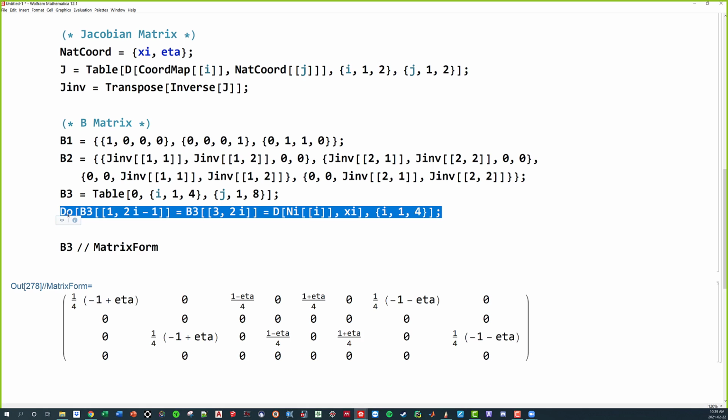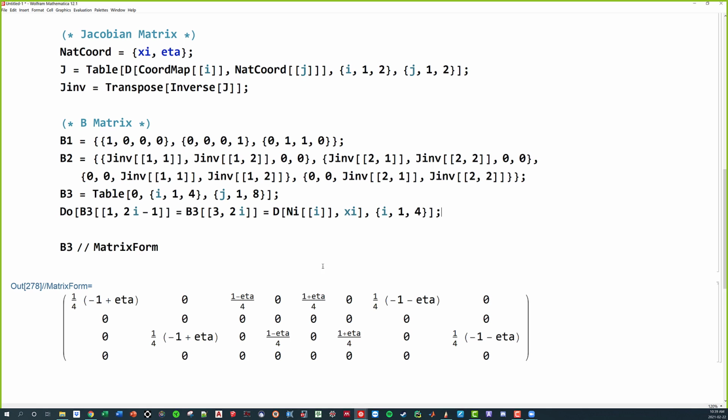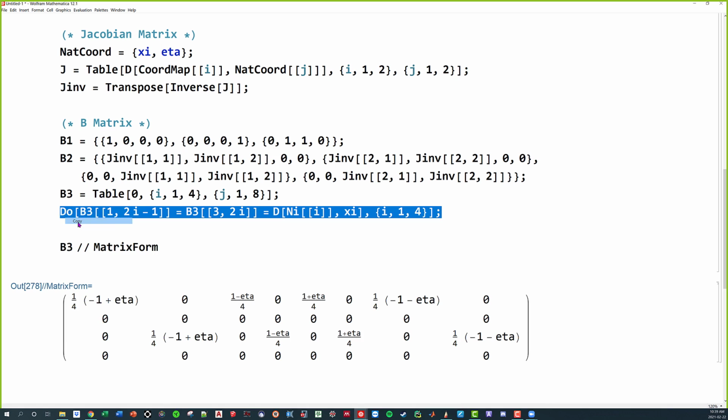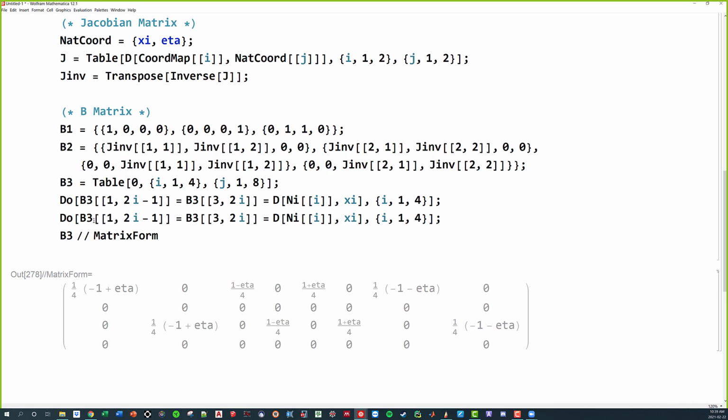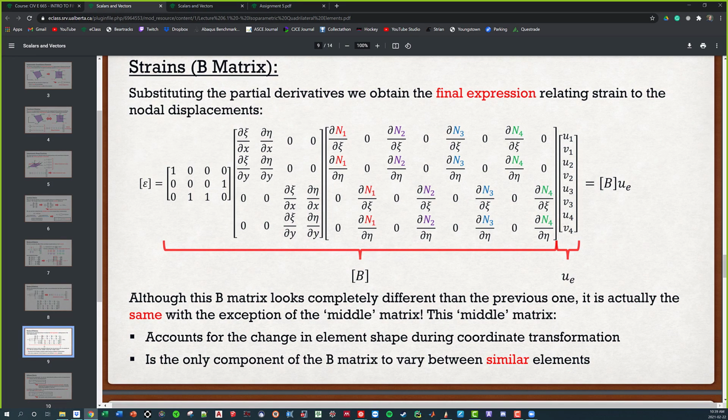Hopefully that makes sense. So those are all the derivatives with respect to z, all right, xi. So what I'm going to do is copy this exact same code, throw it down here, but now instead of taking it with respect to z, instead of taking rows 1 and 3, which are with respect to z, I'm going to look at rows 2 and 4, which are the exact same thing.